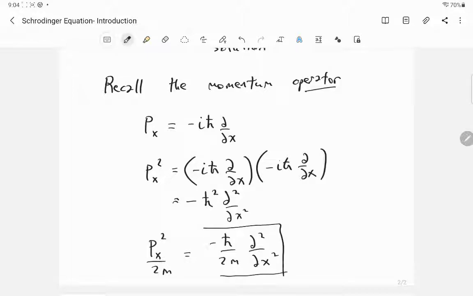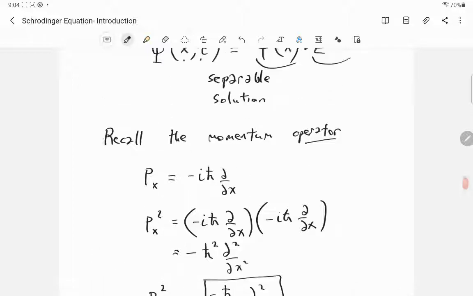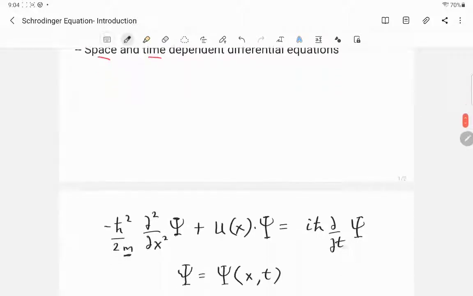And this thing that's right here, this is kinetic energy. And that kinetic energy is what sits in front right here. So this right here is a kinetic energy term. This right here is a potential energy term.